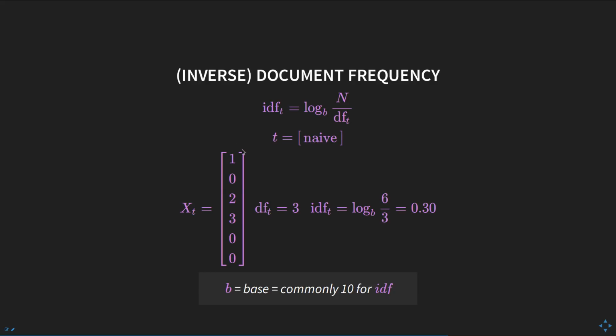So let's again consider our Wikipedia articles. We have the term naive here, and we can see that it occurs once in the first document, twice in the third document, and 3 times in the fourth document. But regardless of the term frequency, we say that the document frequency for this term is 3 because it occurs in 3 documents.